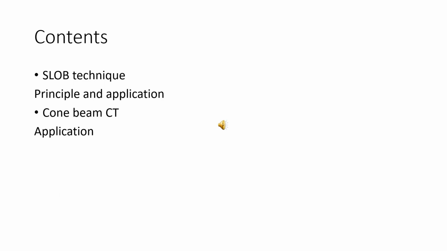Now the Slob technique may not be useful in all cases, but there are certain other imaging modalities, the CBCT or a combination of other extraoral radiographs that can be used to exactly localize the position of the object which you are interested in. Okay, so the Slob technique is a very important technique as far as the undergraduate curriculum is concerned in oral radiology.